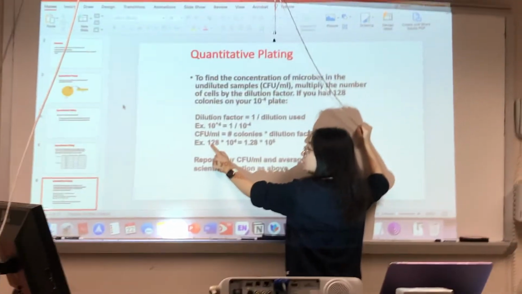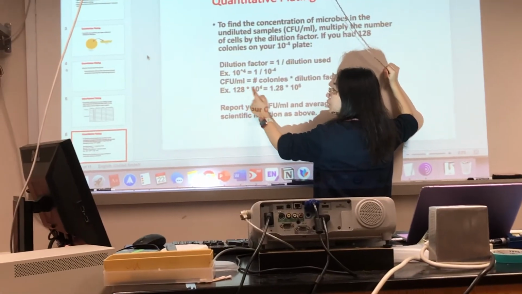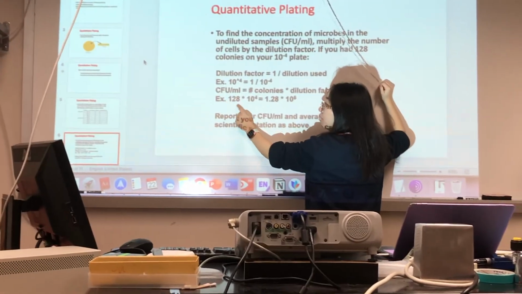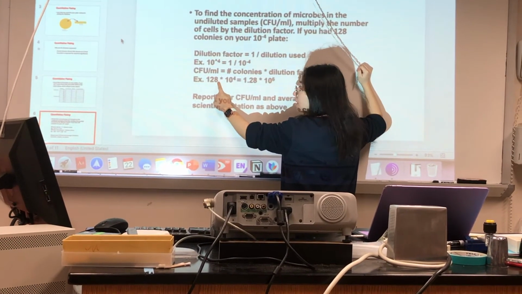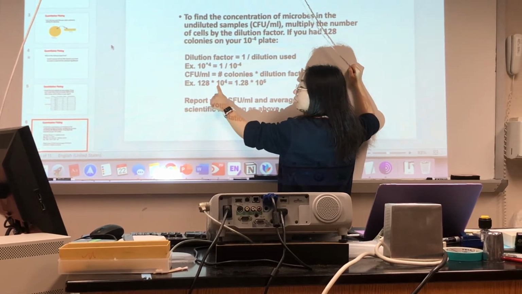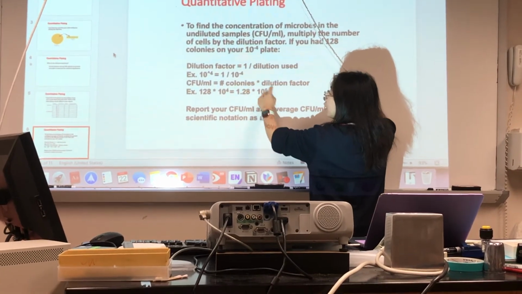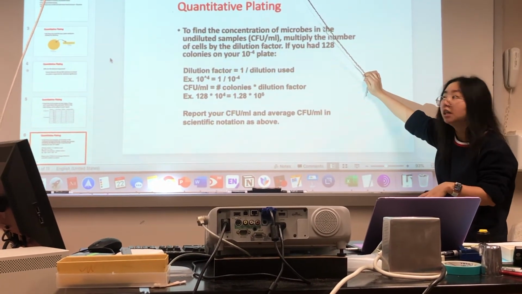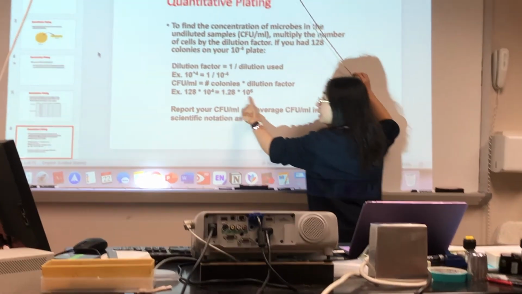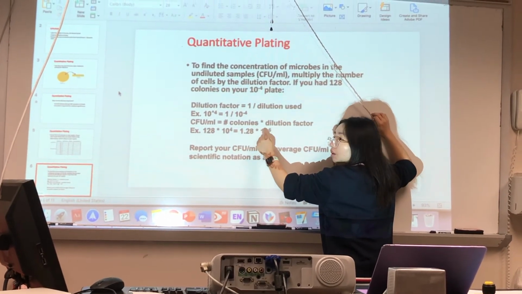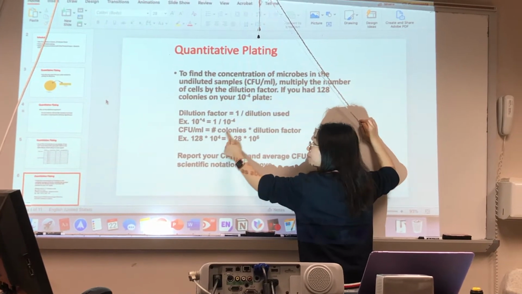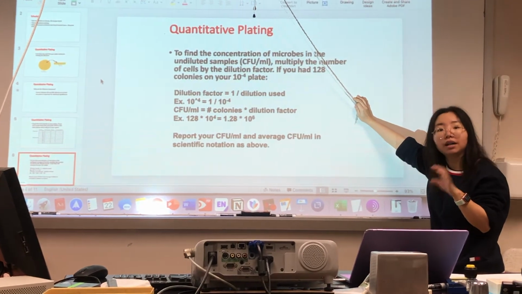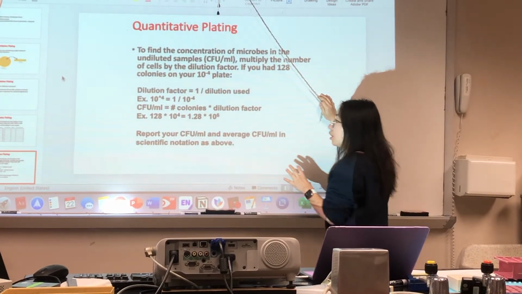If you have 128 colonies from your 10 to the minus 4 plate, you are going to multiply 128 colonies by 10 to the 4. This would be the final concentration of your 10 to the minus 4 plate. So this is how many bacteria colony forming units are present in your 10 to the minus 4 plate. This gives you an idea of bacteria concentration calculation.